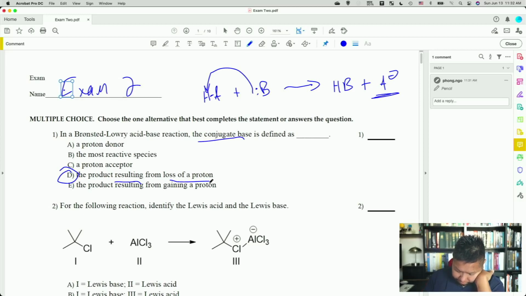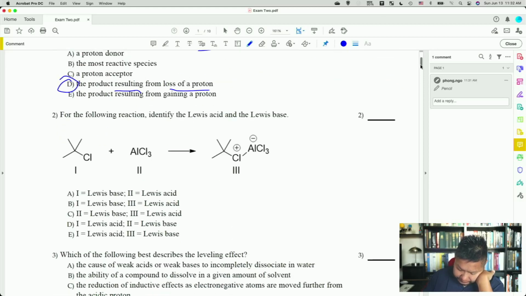Next question. For the following reaction, identify the Lewis acid and the Lewis base. So if you look over here, you see that you have a chlorine right there, and you know that chlorine has a bunch of lone pairs. So it's got some lone pairs to give, right? But then you see aluminum trichloride, and there are 3 chlorines on that. So a lot of lone pairs are there too, right?